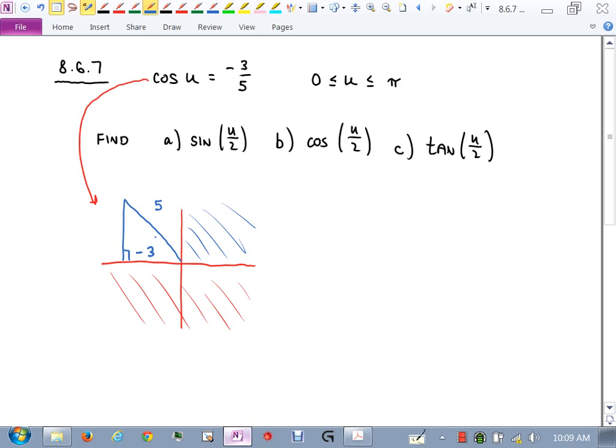And then by Pythagorean, this will be 4. And now the angle I'm dealing with here is U. This triangle is developed off of the idea of the angle U. I'll put U in here even though technically U is this angle right there.